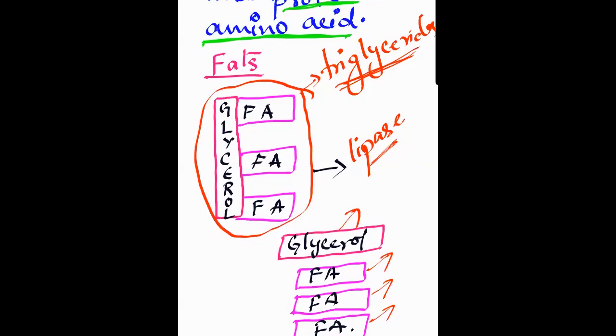Peristalsis is a way by which food is moved into the stomach. It will also take place in the small intestine, because the food will be moving. How will the food come from the esophagus to the stomach, and from the stomach to the small intestine to the large intestine? This movement is throughout the digestive system, but majorly it is seen in the esophagus. It is there in the small intestine also.